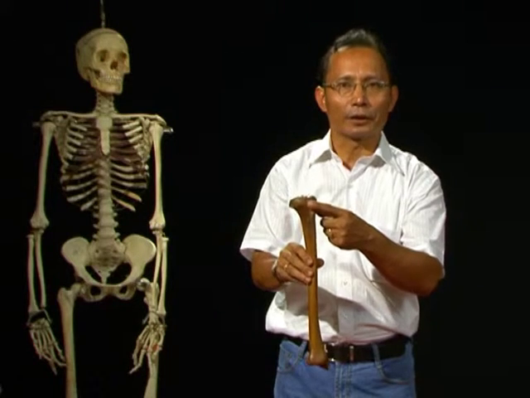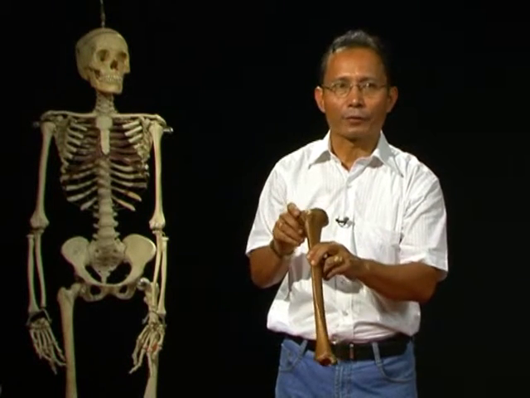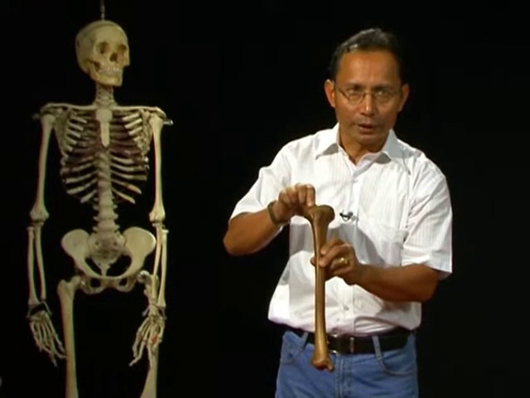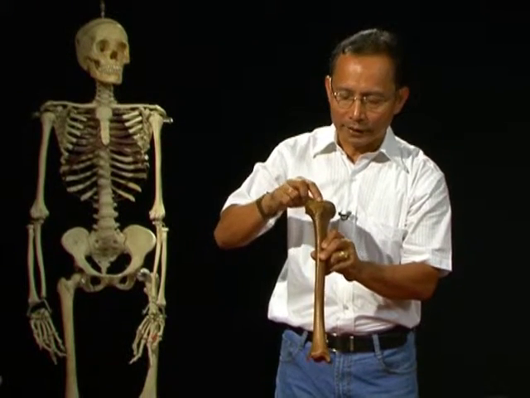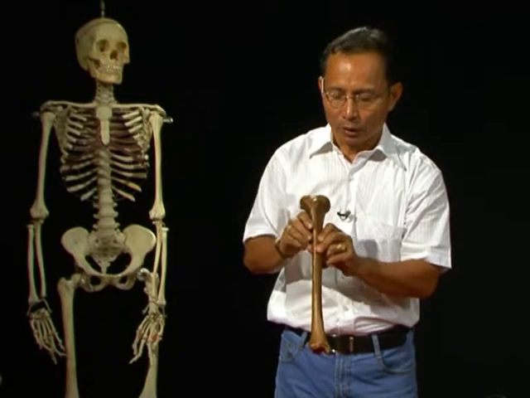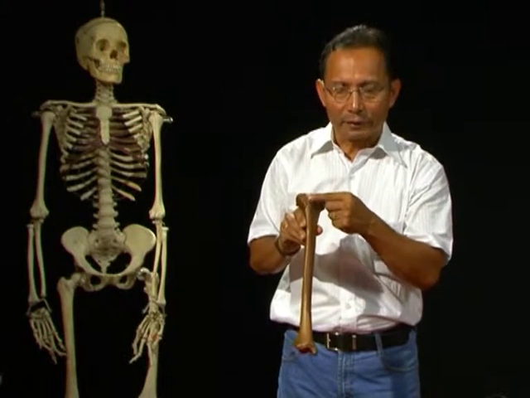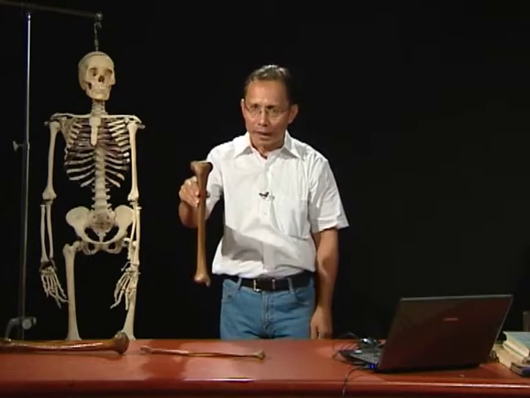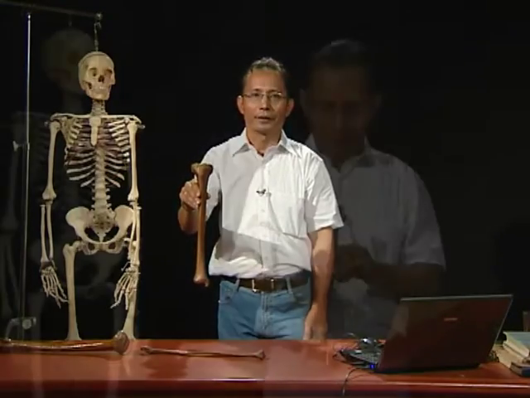Or for easy location, as I have told you, this tuberosity is continuous on the anterior side and has a tubercle here. So the face having the tubercle should be forward in position. You can then tell that this tibia belongs to the right.